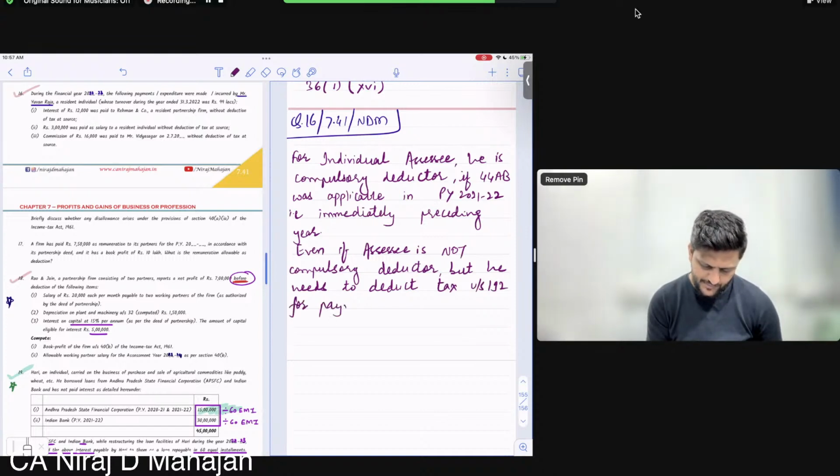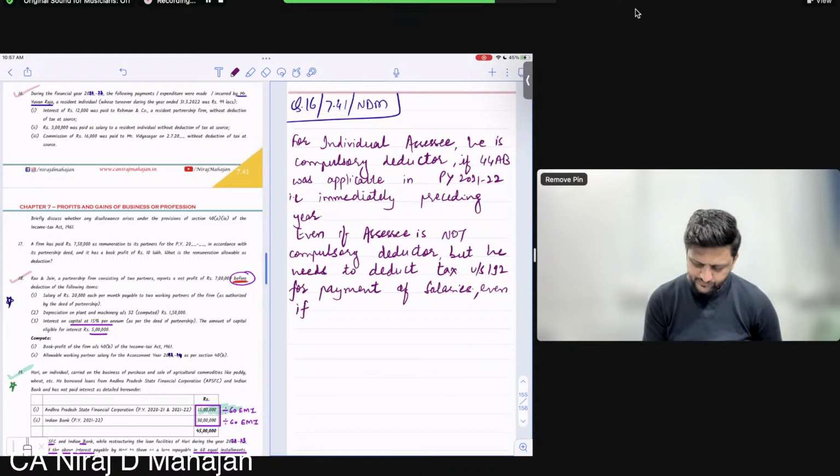So basically there is one exception for payment of salaries. Even if, I'm again explaining the exception, even if tax audit was not applicable in the immediately preceding PY.